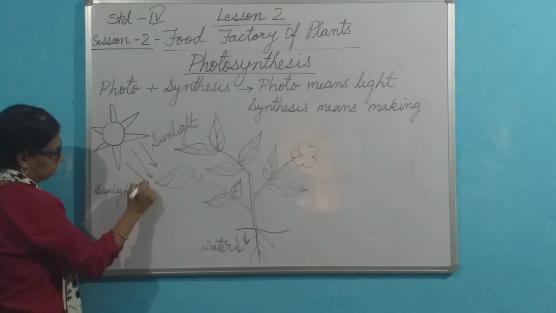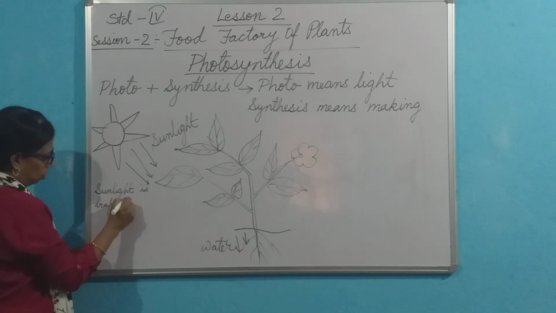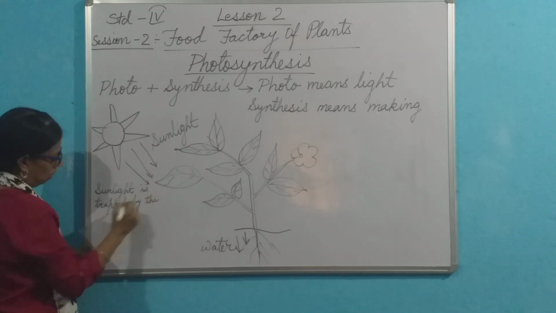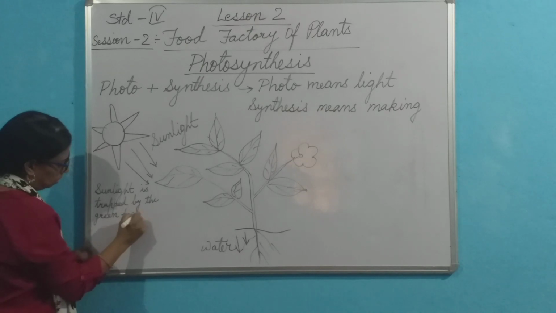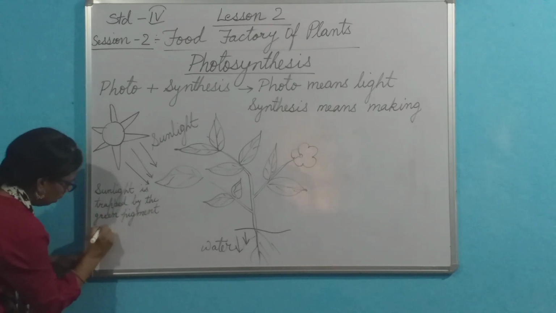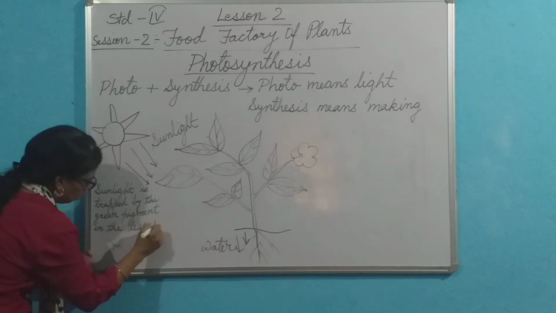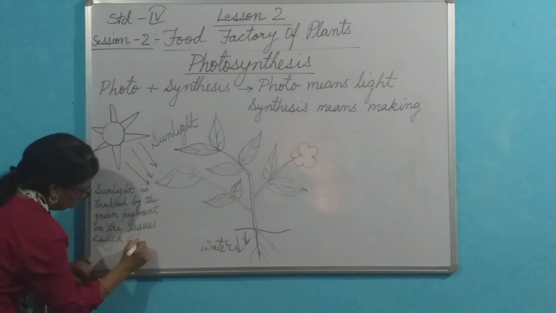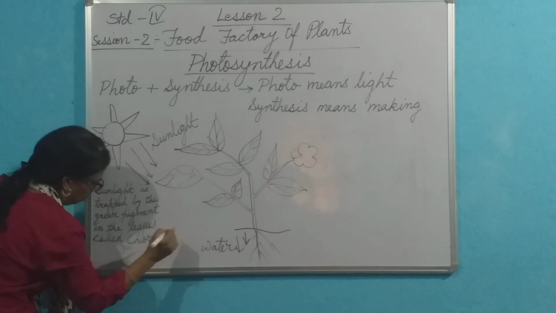Sunlight is trapped by the green pigment in the leaves called chlorophyll, which we have already discussed in our previous session.